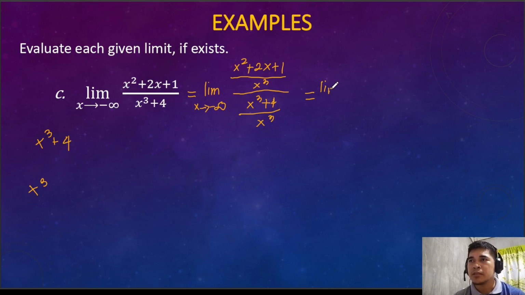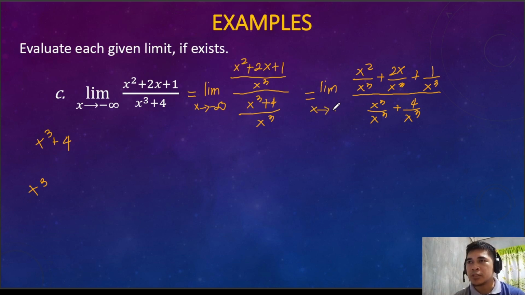Next, limit. So x squared over x cubed plus 2x over x cubed plus 1 over x cubed, all over x cubed over x cubed plus 4 over x cubed, as x approaches negative infinity.